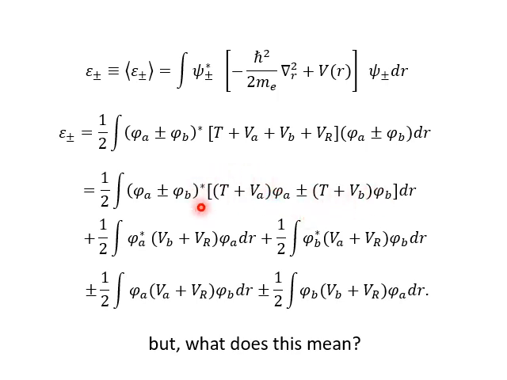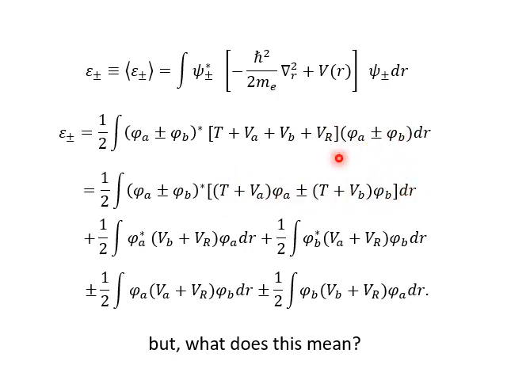So I can make substitutions in here. That is, T plus VA phi A is energy phi A, energy 1 of state 1 phi A, and T plus VB operating on phi B yields energy 1 phi B. So this bit over here turns out to be easy to evaluate with our approximation.